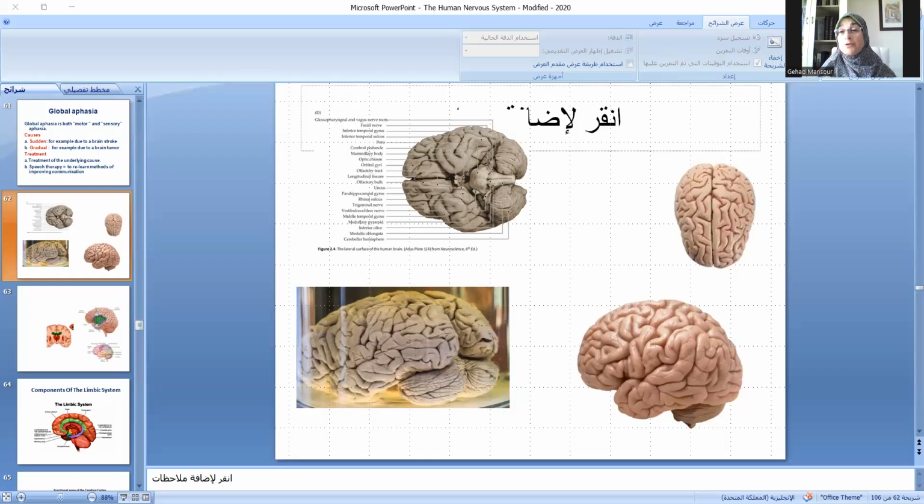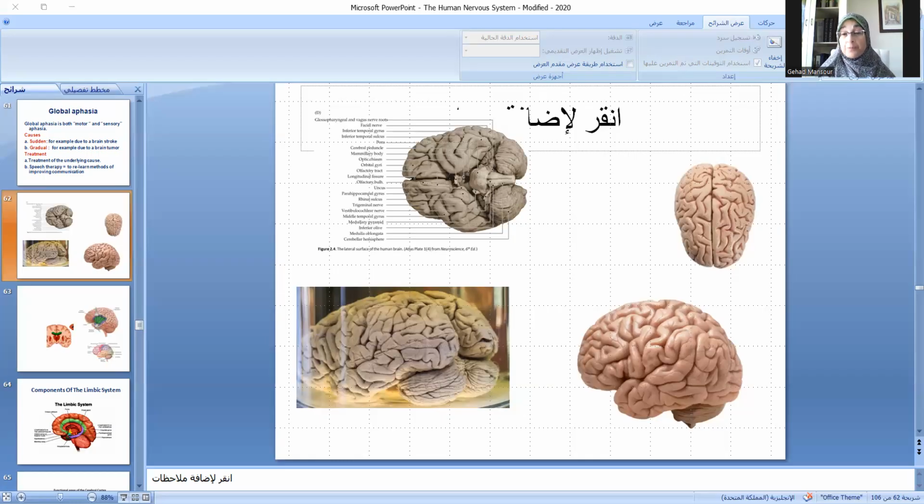The corpus callosum is made of transverse parallel fibers that are highly myelinated, or thickly myelinated. And of course, you know that myelination of the nerve fibers increases the speed of transmission of electric impulses.